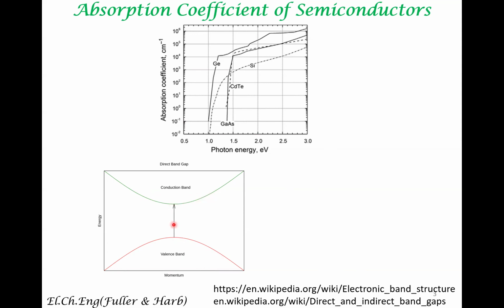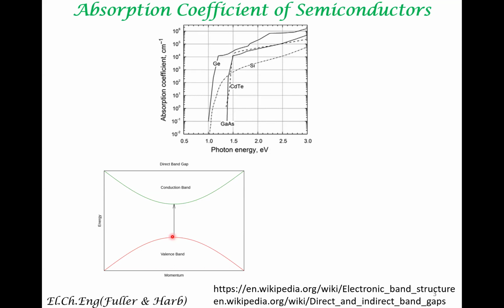This is the conduction band minimum, this is the valence band maximum. When a photon impinges, let's say at an energy equal to the band gap, the photon excites an electron-hole pair at the same momentum. That is, the momentum of the electron in the conduction band is the same as the momentum of the electron in the valence band.